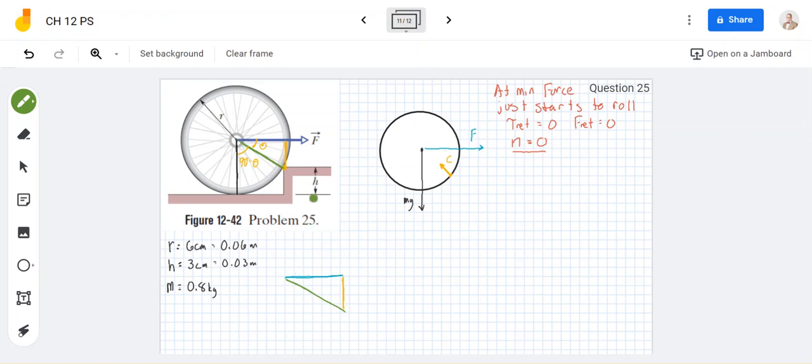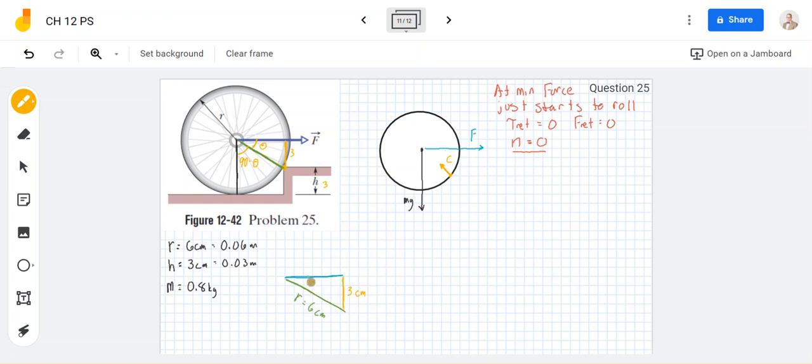If you notice, this green one here is a radius. And here's the thing that's truly interesting: it says the height here is 3. So if this height here is 3, and the whole radius is 6, what's my height here? It's also 3.